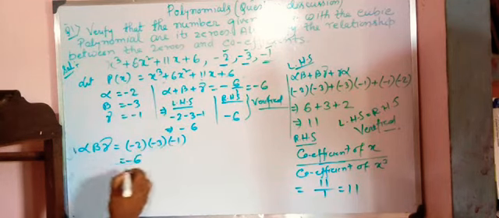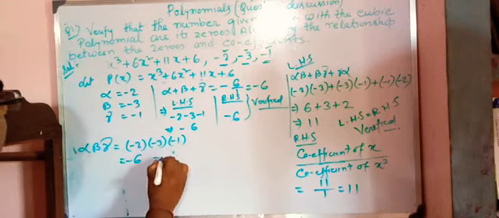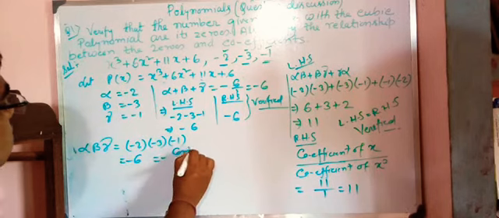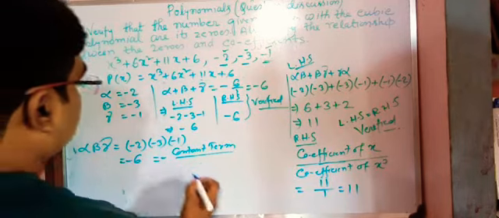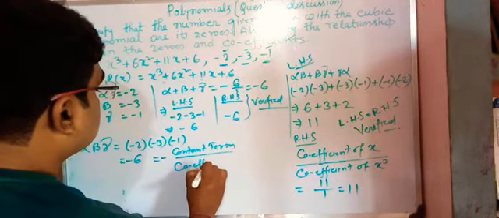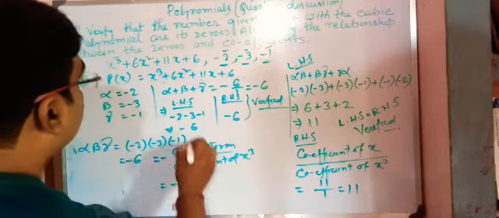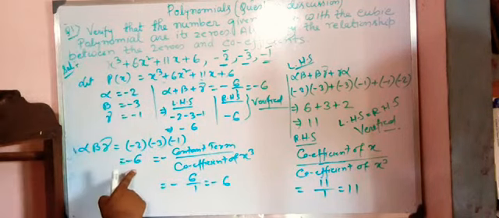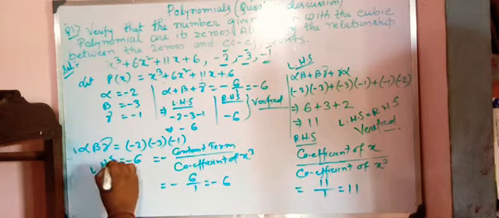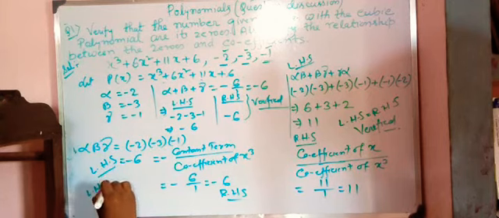And the product of the roots should be minus the constant term divided by the coefficient of x cube. The constant term is 6 divided by 1, so that means -6. So this is my LHS, and here it is my RHS. So LHS equals RHS, verified.